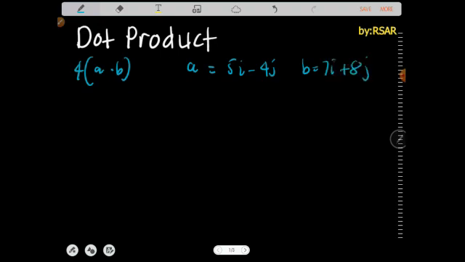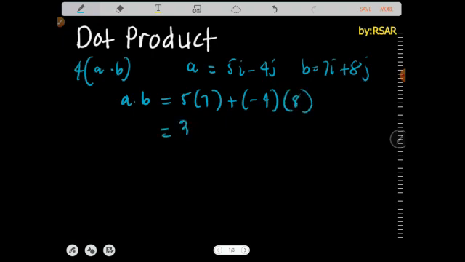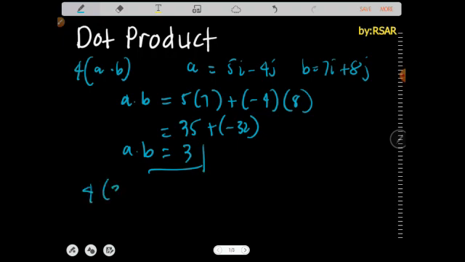First, take the dot product of A and B. That is 5 times 7 plus negative 4 times 8, which is 35 plus negative 32. This is the same as earlier. So A dot B is equal to 3. Substitute that in the equation: 4 times 3 is equal to 12.